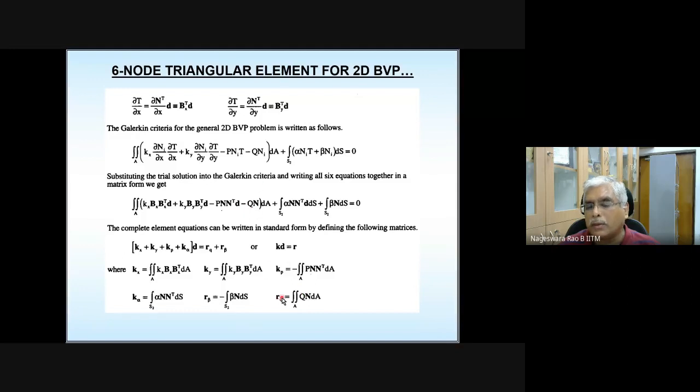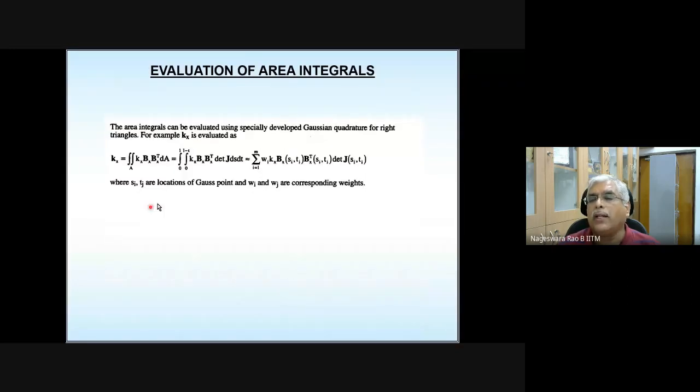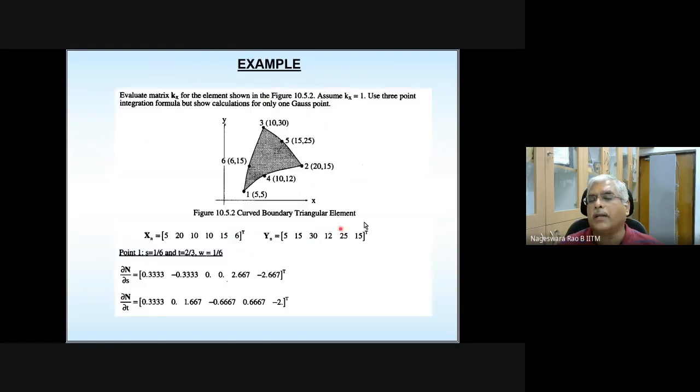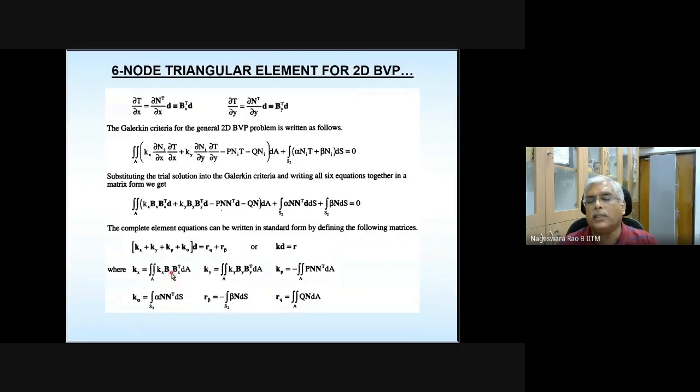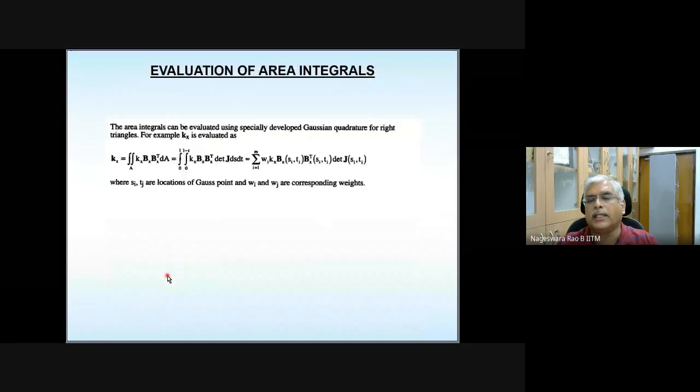Okay, you can go through all this. It's all straightforward, and the only difference is going to be integration over triangular domain instead of rectangular domain. Triangular domain integration you need to do, and then some examples are given here, similar to quadrilateral element, to assemble the matrices, one of the matrices like this one, that is illustrated here in this example.